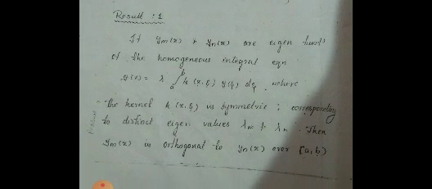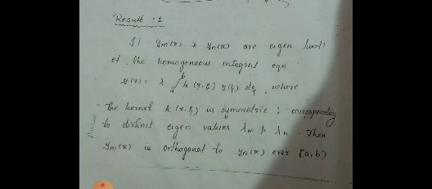Here, if ym of x and yn of x are eigenfunctions of the homogeneous integral equation y of x equal to lambda integral a to b k of x theta y of theta d theta. Eigenfunctions are discussed in detail in the above section.